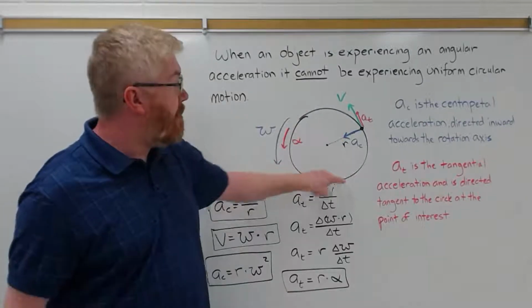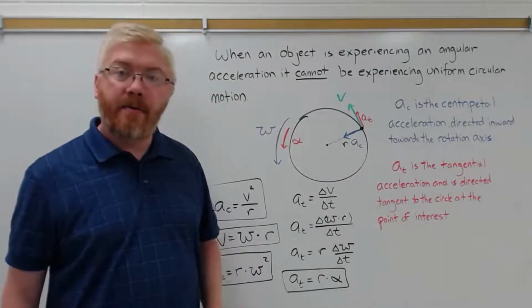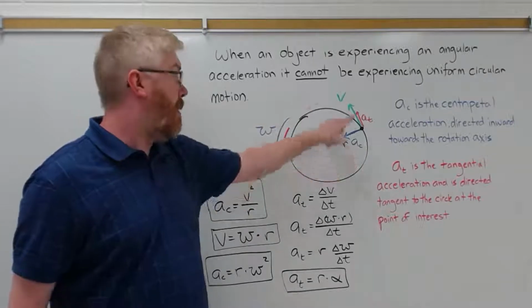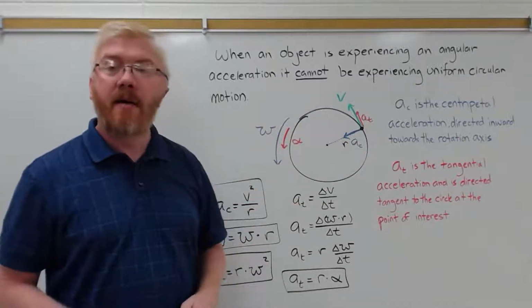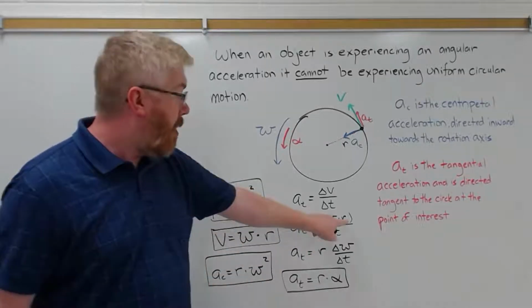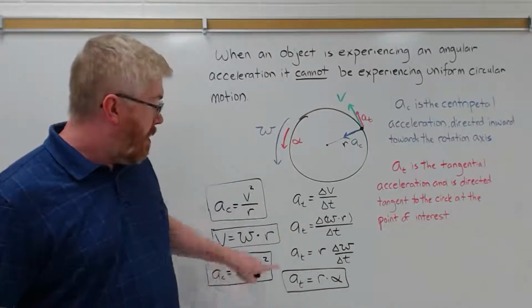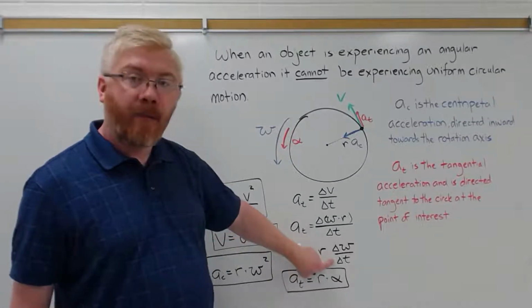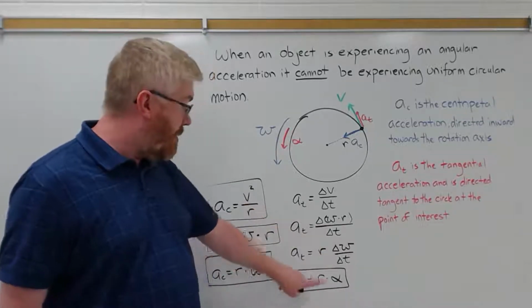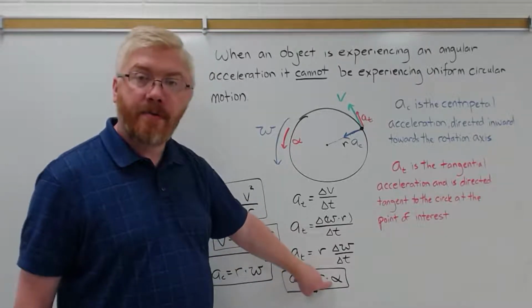Assuming circular motion, r doesn't change, right? All the points on this circle are at radius r away from the center of rotation. So r can come out of that delta. So a sub t is r times the change in omega with time. Well, change in omega with time is the angular acceleration.